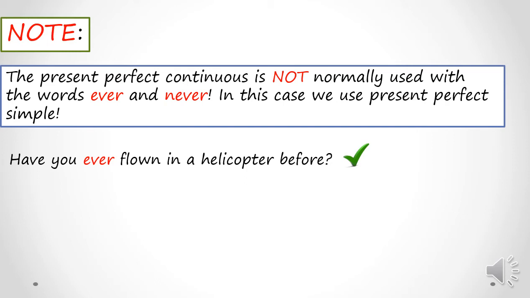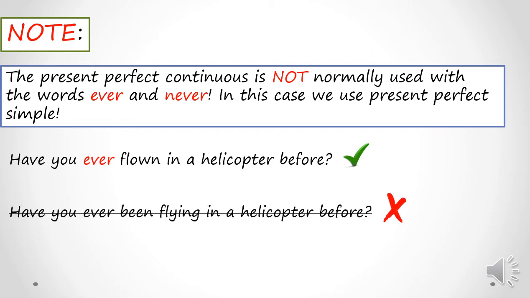The structure of this question is have, followed by subject you, then the time expression ever, and flown is the past participle, third form of the verb. You can't say, have you ever been flying in a helicopter before? This is a mistake.